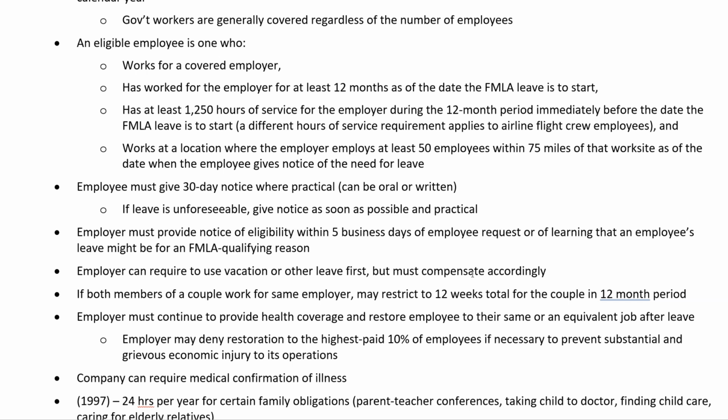Let's say that I employ both members of a couple, so 2 spouses, and they're both requesting leave. I can restrict their leave to 12 weeks total for the couple in a 12-month period.